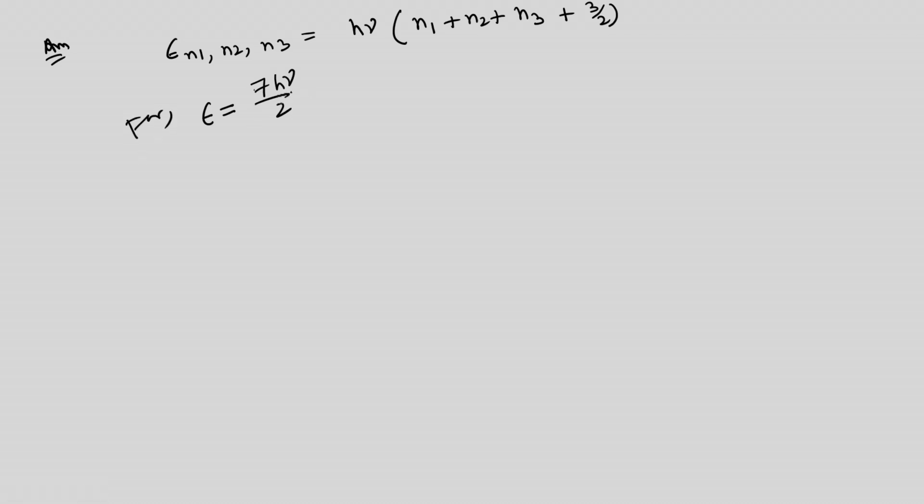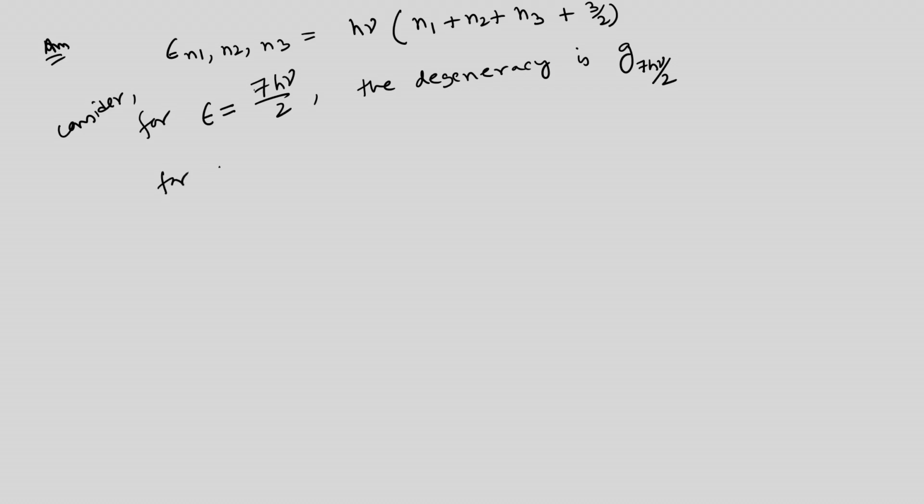For epsilon equals 7 h nu by 2, we need to calculate the degeneracy. Suppose the degeneracy is G 7 h nu by 2, and for epsilon equals 9 h nu by 2, the degeneracy is G 9 h nu by 2.